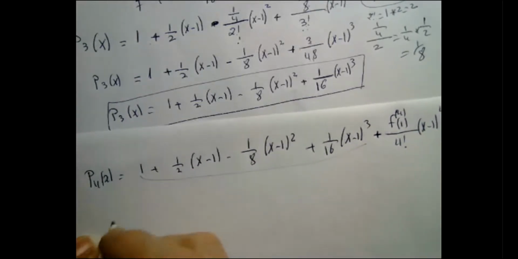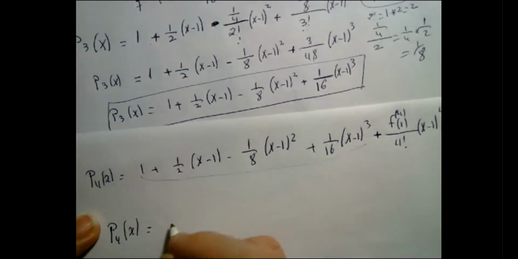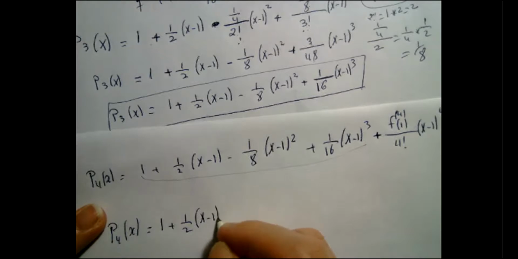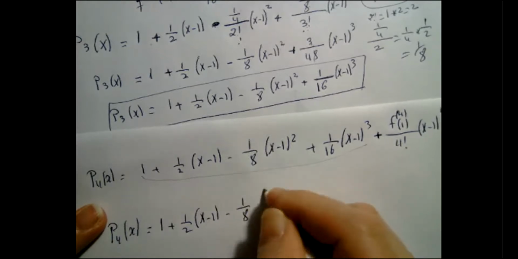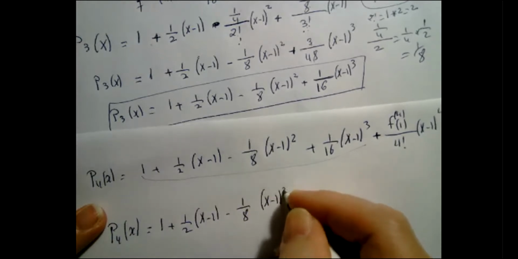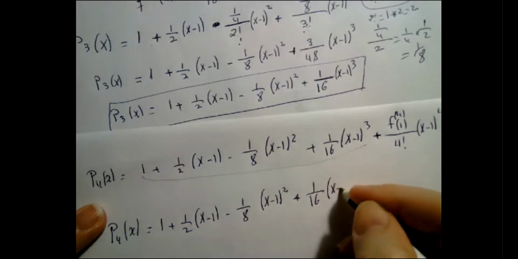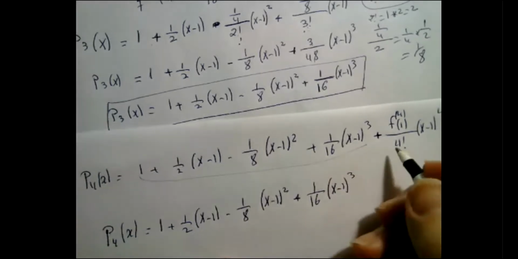So finally, you do the math and we get the following. It's going to be 1 plus a half (x minus 1) minus that, plus this. And then the fourth degree term.